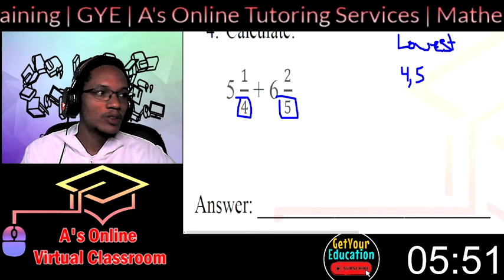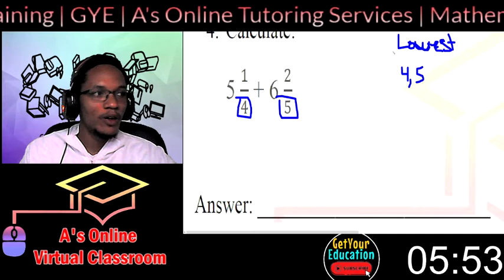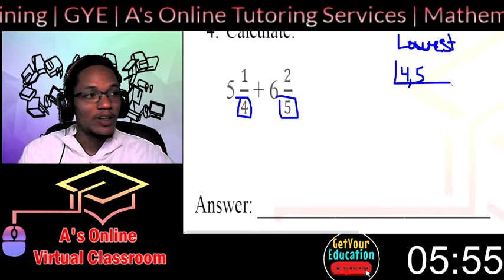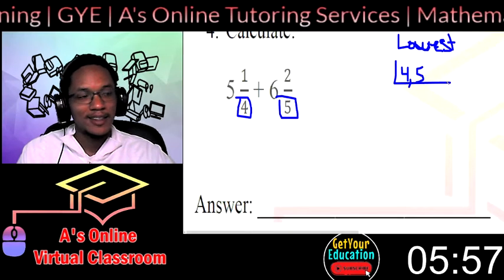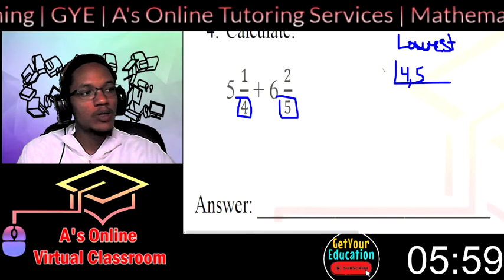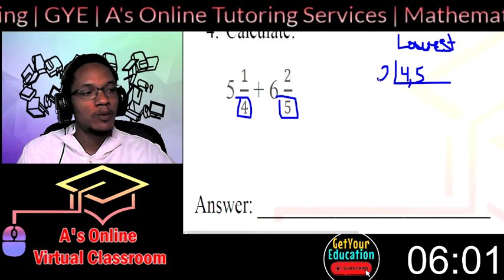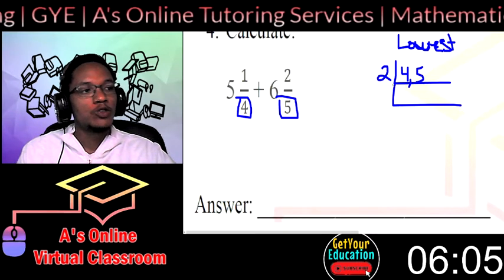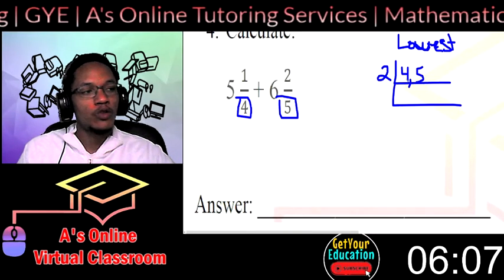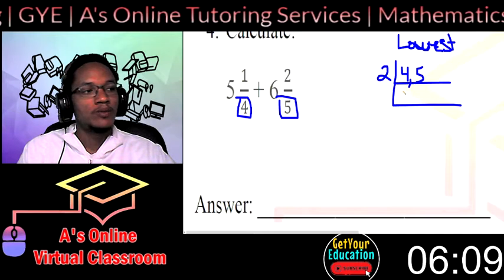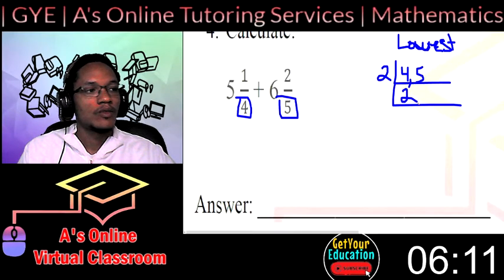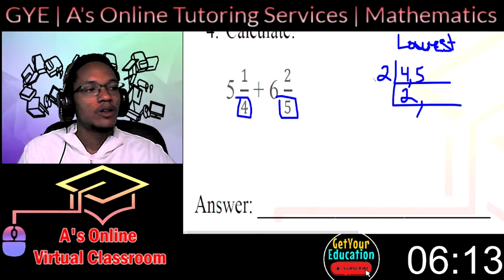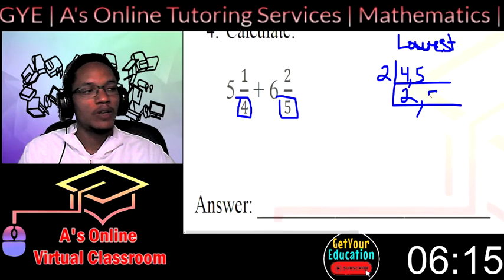It's very important for us to be aware of that word lowest, because you have to pull out the lowest number that you can divide on the outside here. So 2 can go into 4, giving us 2 here. 2 cannot go into 5, so we write back 5.